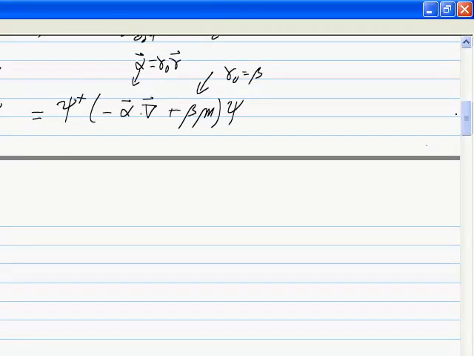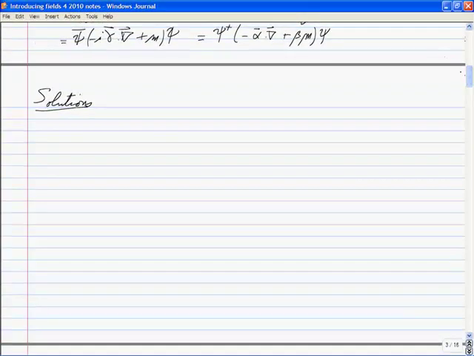Okay, so we now step through the usual procedures for finding a field and quantizing it. We look at the solutions. I'm assuming that you've seen these before, so I'll be quick on them. We can look for solutions. Psi of x is of the form e to the minus i p dot x, u of p.